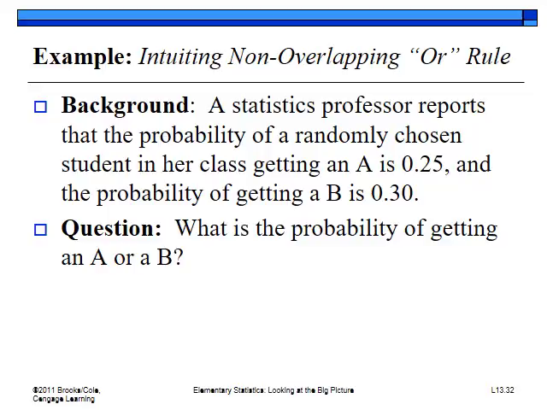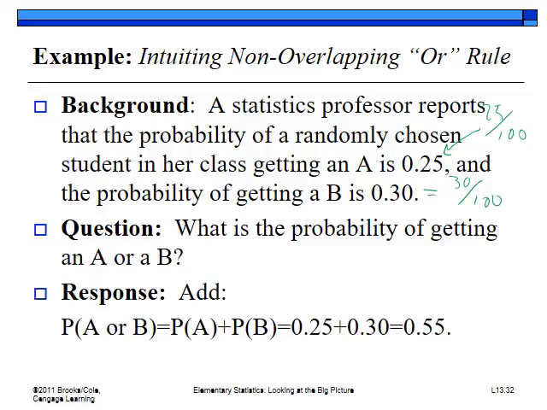Well, if you interpret that 0.25 as 25 over 100 and the 0.3 as 30 over 100, then that means that 25 people out of every 100 gets an A, and 30 people out of every 100 gets a B. So that means 25 plus 30, that's 55 out of 100 get an A or a B. So the probability of A or B is the probability of A plus the probability of B.